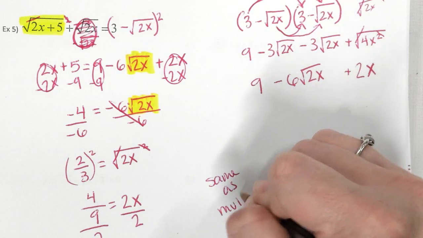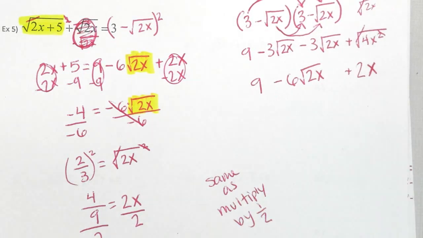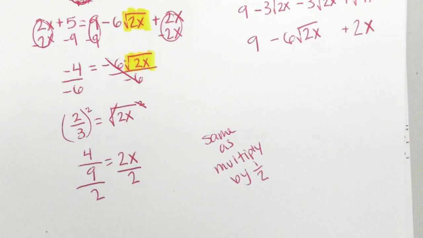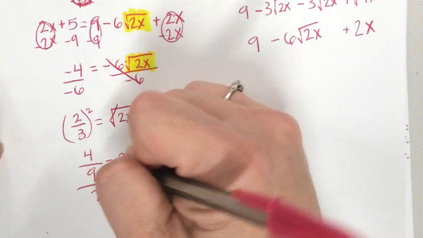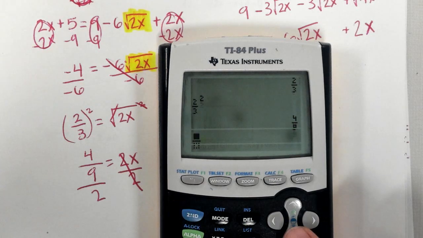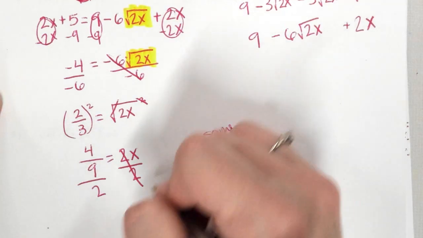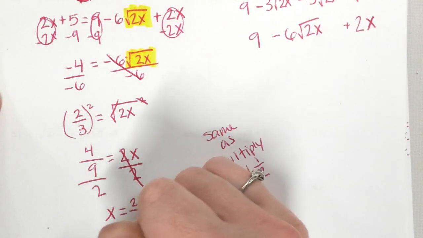Multiply by 1/2, yes. So just so you'll know, if you ever need to divide by a number, but you're trying to do it by hand, you could just multiply by the reciprocal. So that's 2 over 1, which is just 1 over 2. But cool thing is we can type in the calculator. So we have alpha y equals enter 4 over 9, divide 2, and it gives me 2 over 9. So x equals 2 over 9.